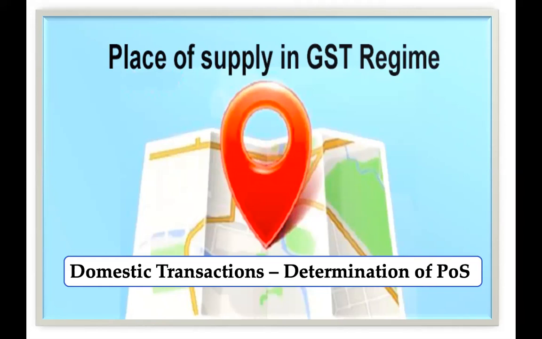In fact, we all have to revisit our chronological order. Once the activity is there, we will check whether this activity would result in supply. If our answer is yes, then the next aspect we will do immediately is determination of place of supply.